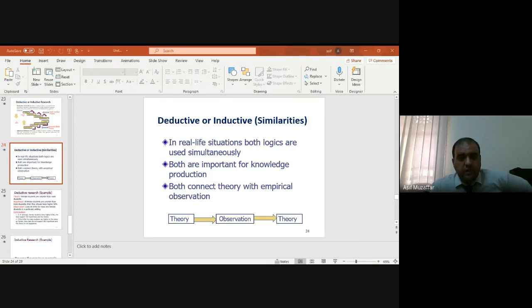Can you tell me, analytical has further two classifications? One is association or relationship. The other one is cause and effect. So which one is this? What do you think?